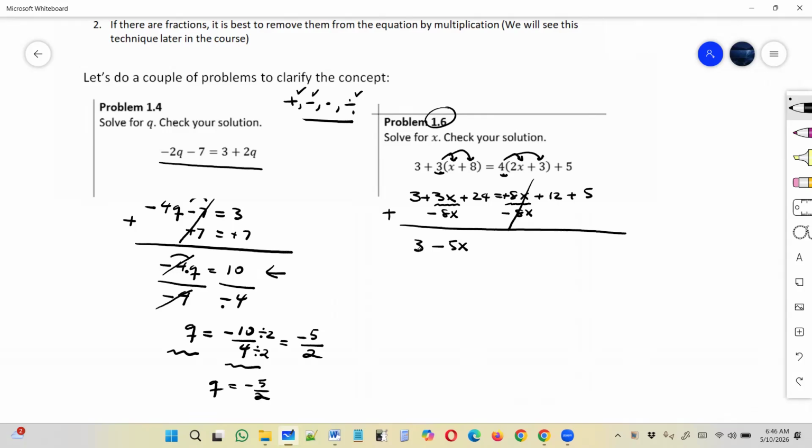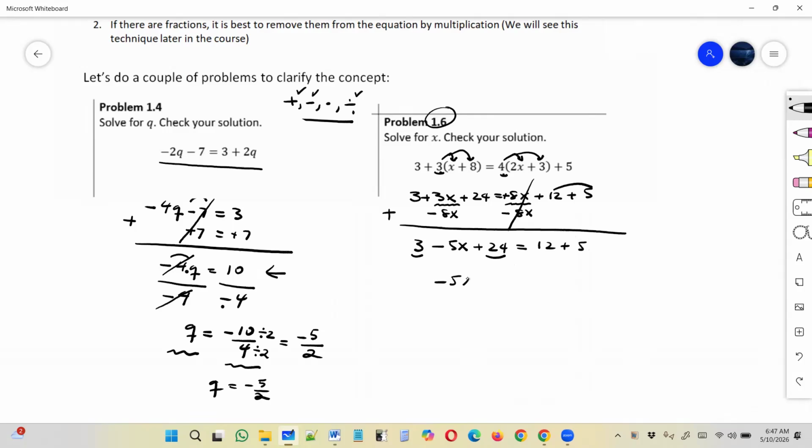Now the 3 stays the same and the 24 stayed the same. And I have 12 plus 5. We can immediately add. But I'm going to write 12 plus 5. If you wanted to, you could immediately add them right now. Okay. And I'm going to do the exact same thing here with the 3 and 24. I'm going to combine these two and I get 27.